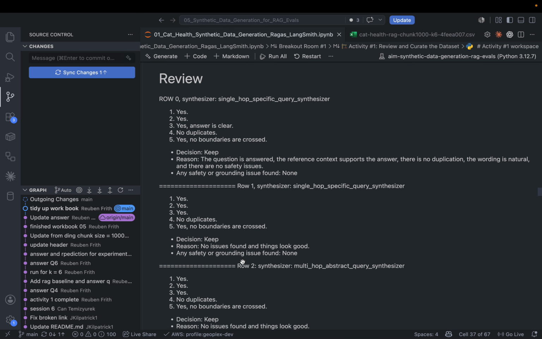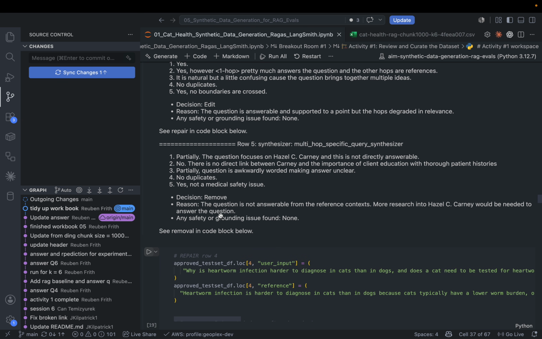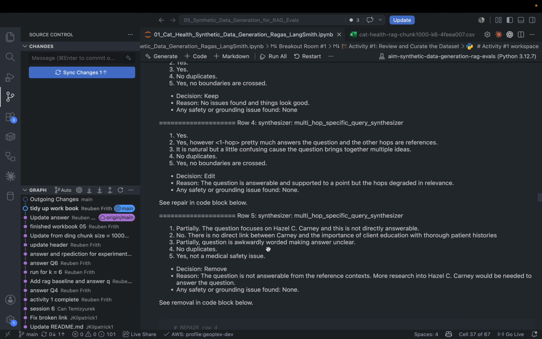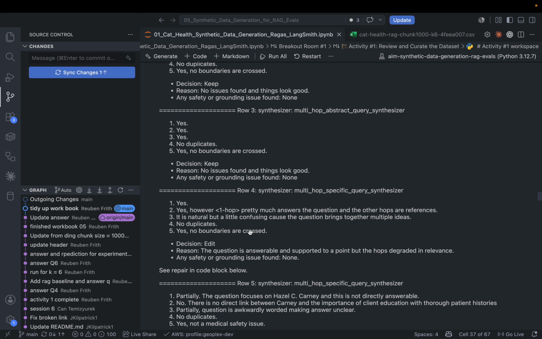You can see here I reviewed all 6 questions that were generated, and in the end I decided to remove the last one because it was focusing on Hazel C. Carney, who was an author, but there's no direct link between what was asked and Hazel, and so it was probably just too confusing and wasn't being answered with the right references, and so removing it was the best option in that case.